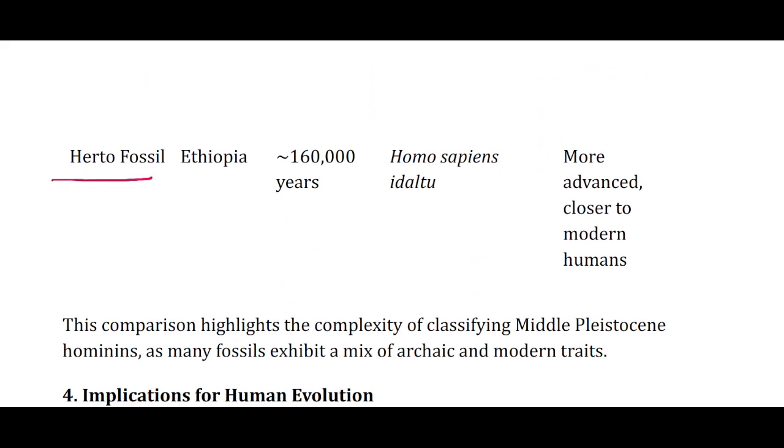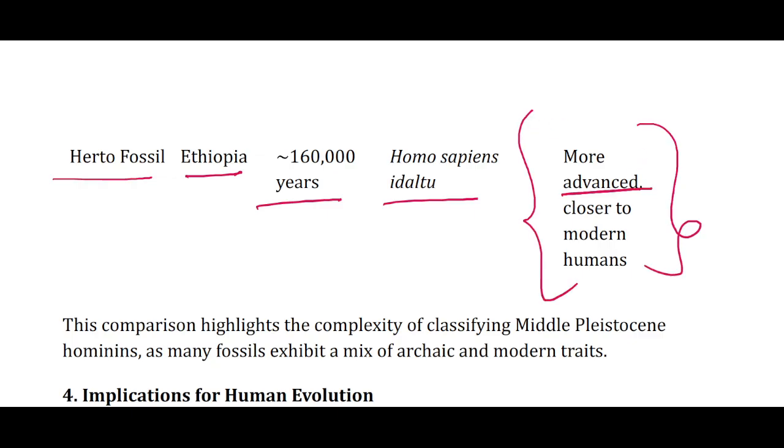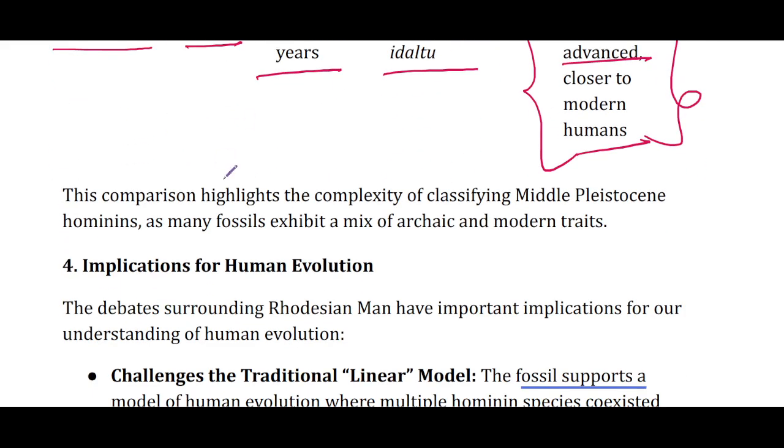And finally, Herto fossil, found in Ethiopia, placed around 160,000 years and classified as Homo sapiens idaltu, with physical features more advanced, closer to modern humans.